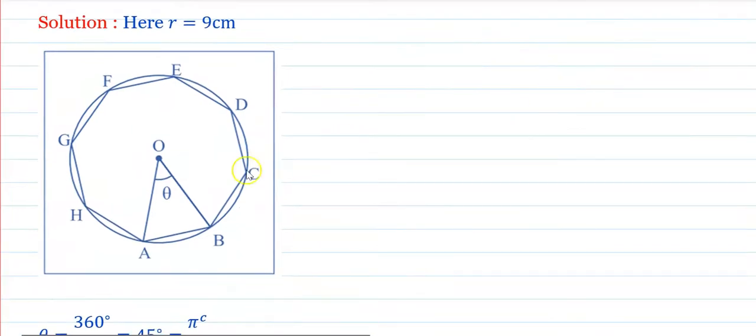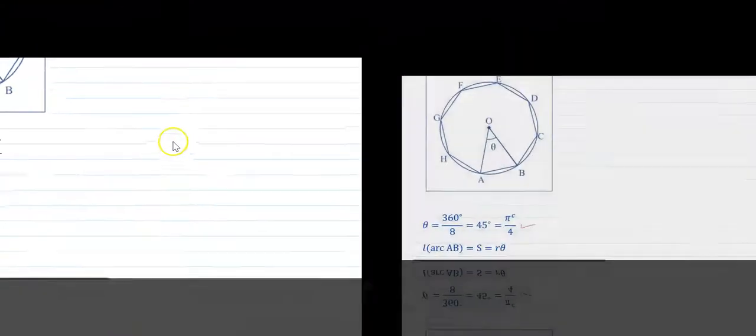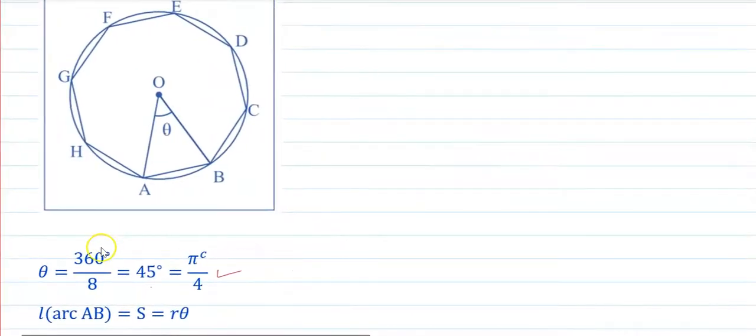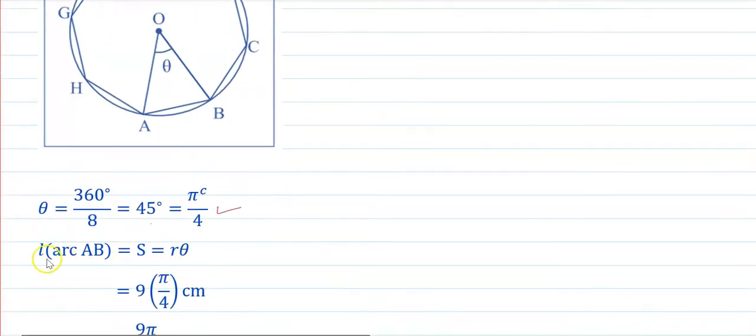We have to find out the length, and we also have to find out theta. This central angle theta is nothing but 360 upon 8, that is the number of sides. Therefore, 360 upon 8 is equal to 45 degree, that is pi by 4 radian. And hence the length of arc AB, S is equal to r theta.